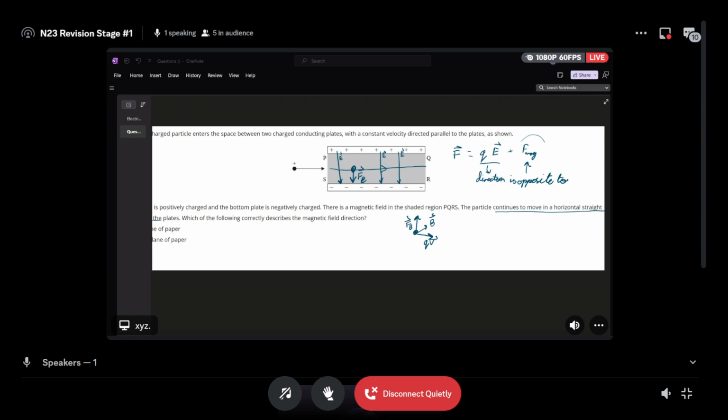That's why I use the diagram instead of telling you what hand to use. Does that make sense as to why we want the magnetic field to be into the plane?